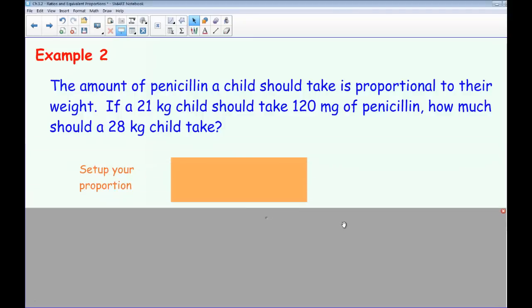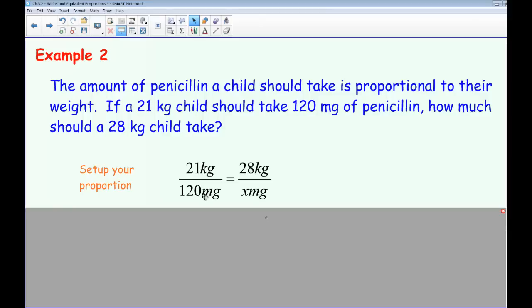The first thing you want to do with a proportion question like this is to set up your proportions in the form we looked at before, A over B equals C over D. So we're going to set it up like so: 21 kilograms over 120 milligrams is equal to 28 kilograms over x milligrams. So x is what we want to determine, which is the amount that the 28 kilogram child should take.